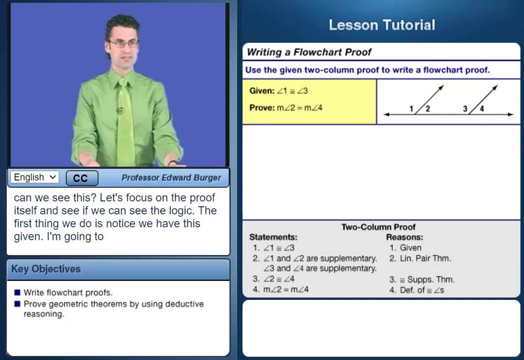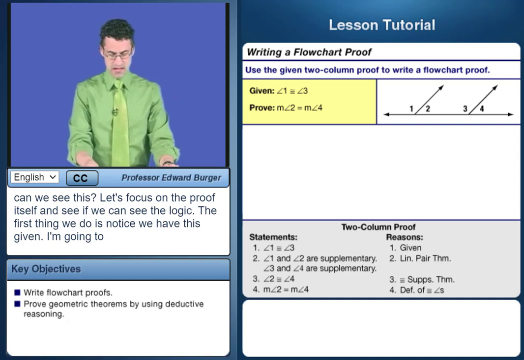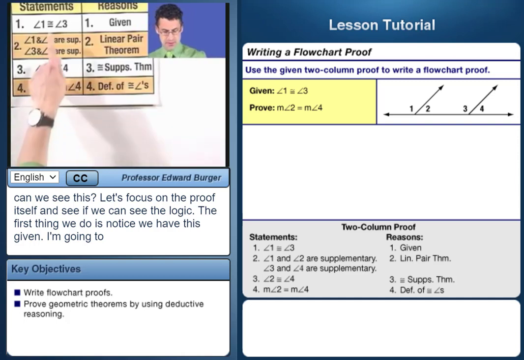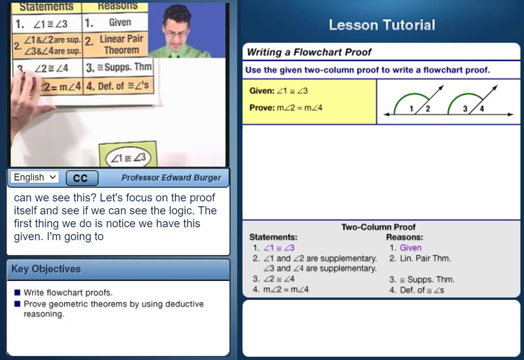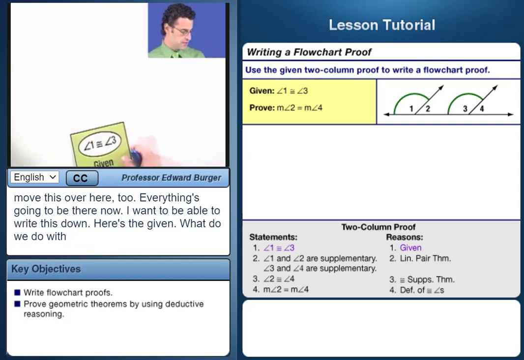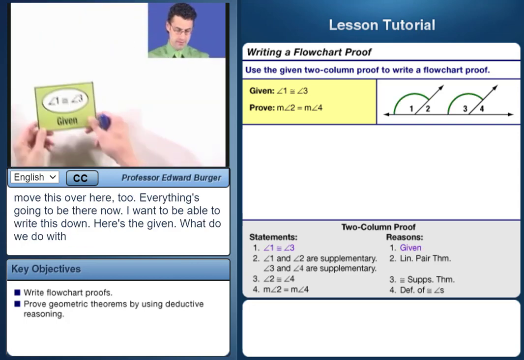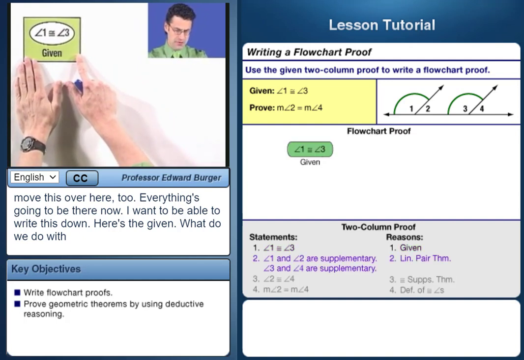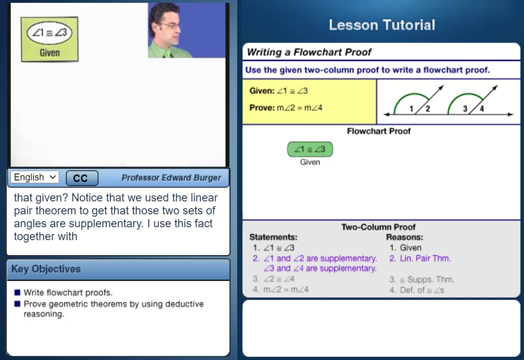So now let's focus on the proof itself and see if we can see the logic. Well, the first thing we do is notice that we have this given. So that given, in fact, I'm going to move this way over here too. So everything's going to be there now. You can see it all there, but I want to be able to write this down. So here's the given. And then what do we do with that given? Well, notice that we use the linear pair theorem to get that those two sets of angles are actually supplementary.